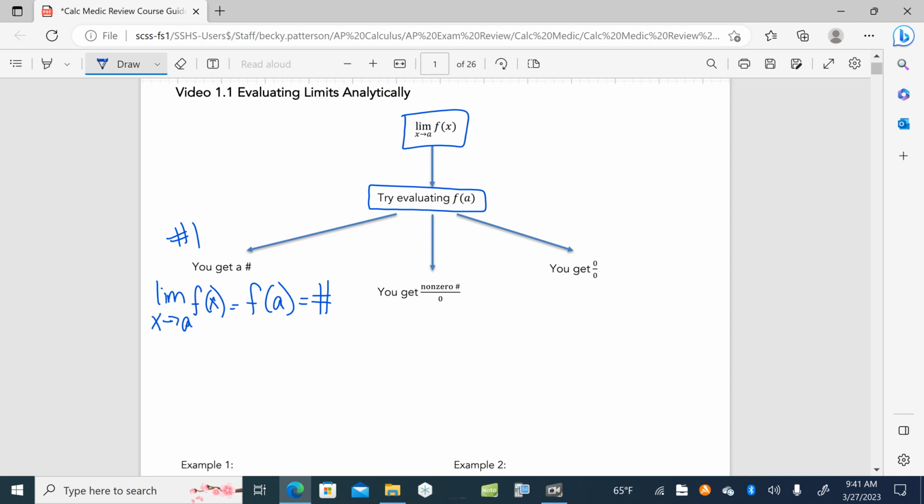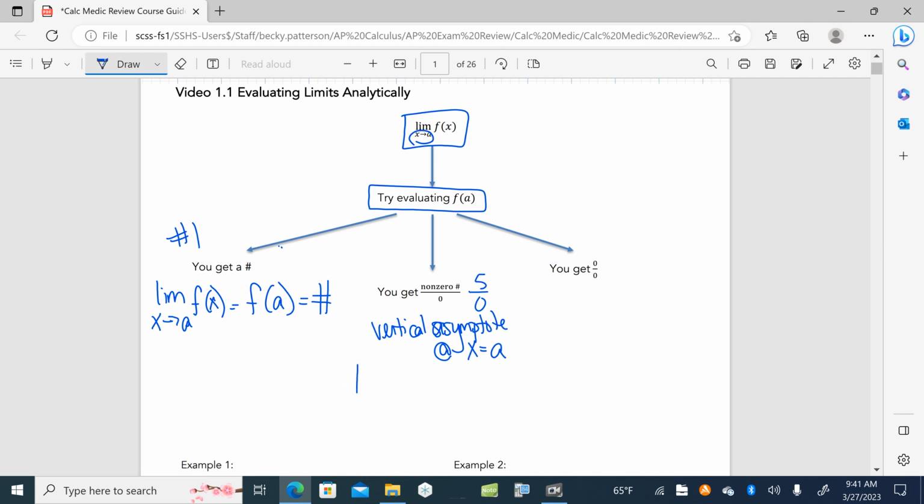If you get a non-zero number over 0, like 5 over 0, then that means that there's a vertical asymptote at x equals a, which is what you're evaluating your limit at.